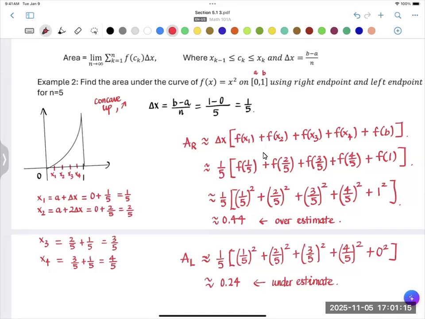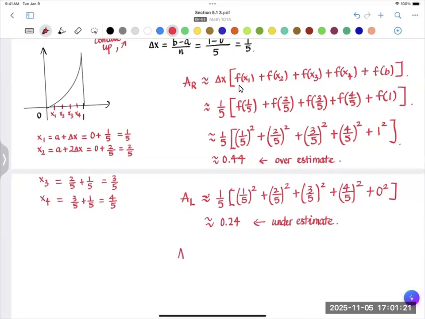And if you want to better approximate the area under x squared more accurately, you take the average, which is 0.44 plus 0.24 over 2.